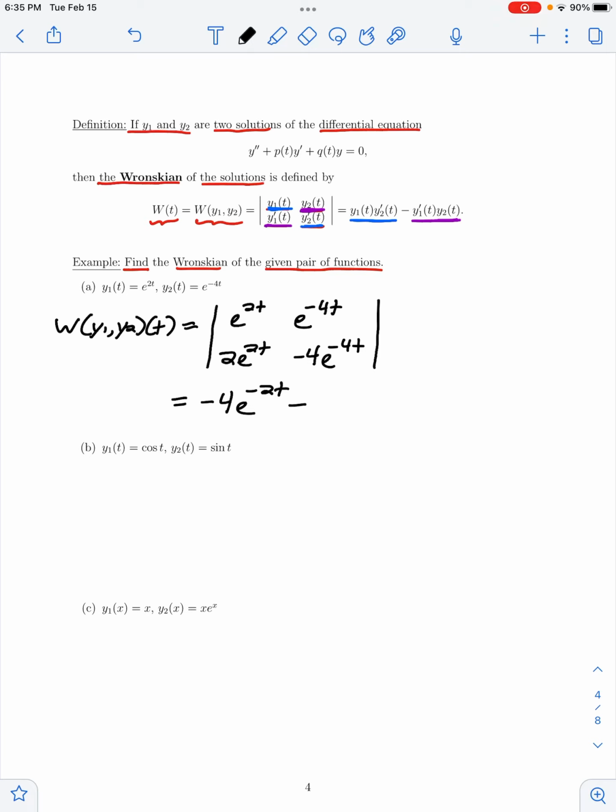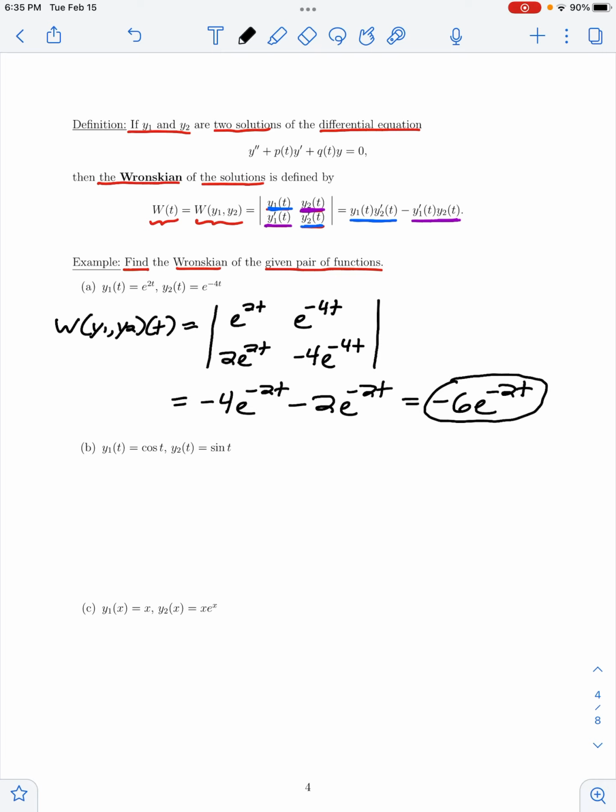And then we subtract what we get by multiplying the off-diagonal entries, which would be 2e to the negative 2t. And so combining these terms, we have a total of negative 6e to the negative 2t power. So this would be the Wronskian of those two functions. Let's look at another one.